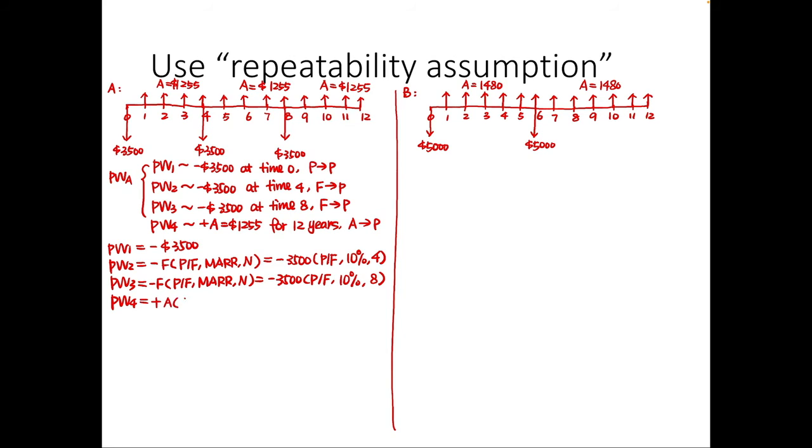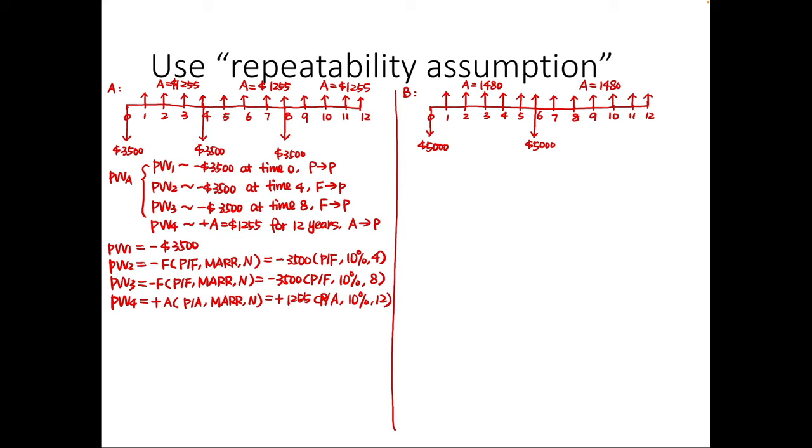PW4 is positive A times P/A, MARR, N, positive 1255 times P/A, 10%, 12.